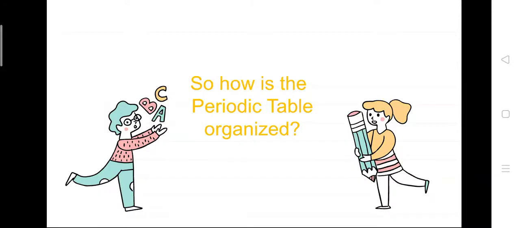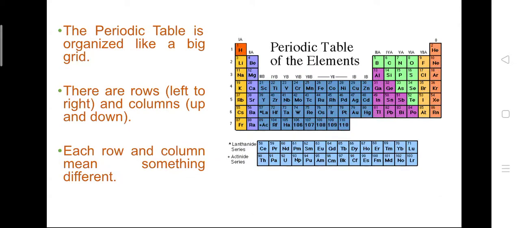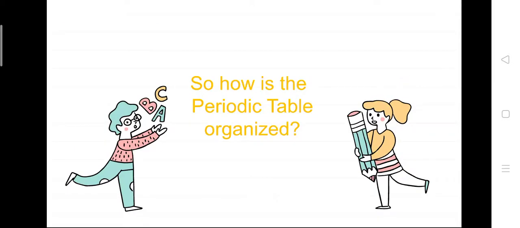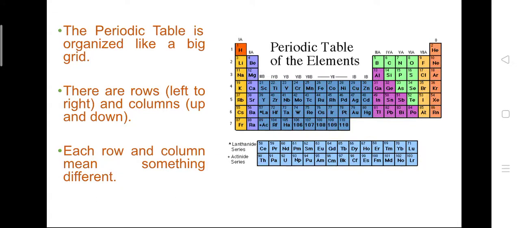So how is the periodic table organized? The periodic table is organized like a big grid. There are rows left to right and columns up and down. Each row and column means something different.